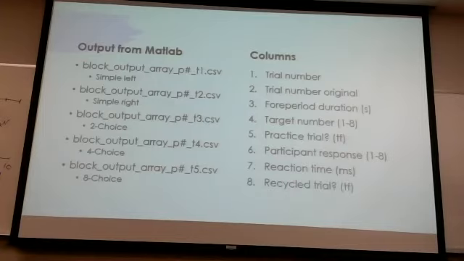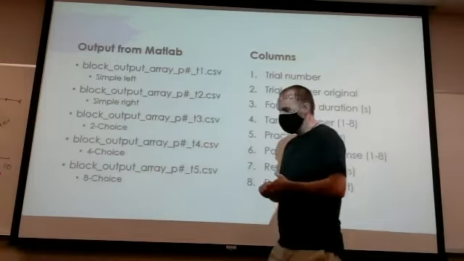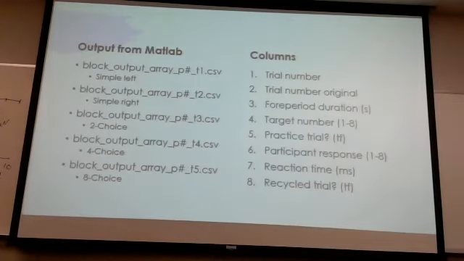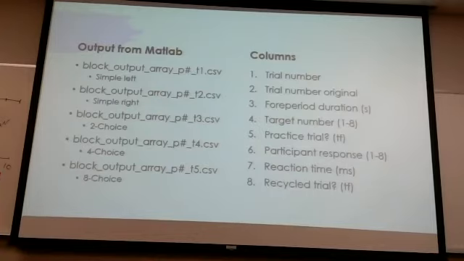I think that's it. Oh, there's one more. Yes, whether or not the trial was recycled. And I think there's only 2 reasons a trial would be recycled. Bad trials, if the computer detects you pressed the wrong key, or if your reaction time is less than 0, so you press the button before the signal. I probably could have increased that to maybe a reaction time of 100 milliseconds, kind of around the Olympic standard. But every once in a while I get participants in simple reaction time who might actually have reaction times more like 50 milliseconds.